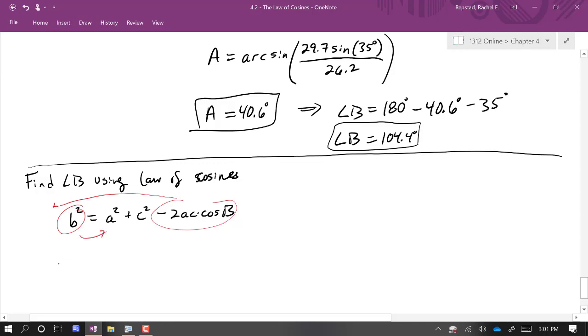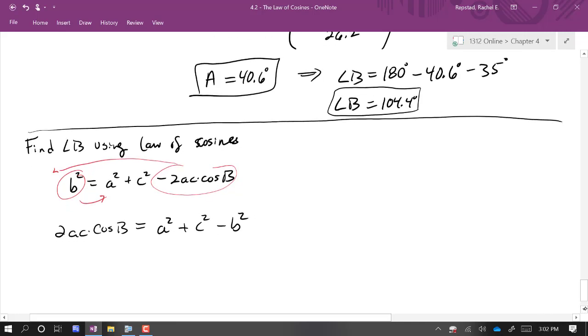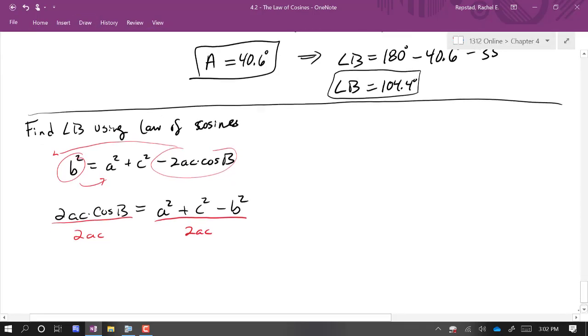And that gives us the equation 2ac times cosine of B is equal to a squared plus c squared minus b squared. And then we divide by 2ac. All right, so that means that angle B is arc cosine of that fraction.